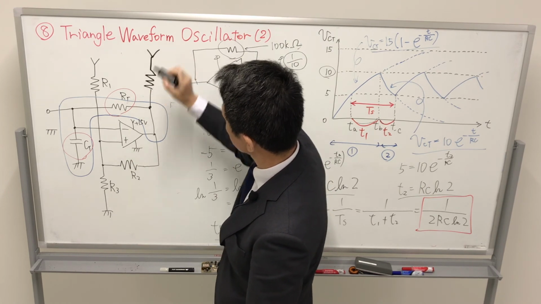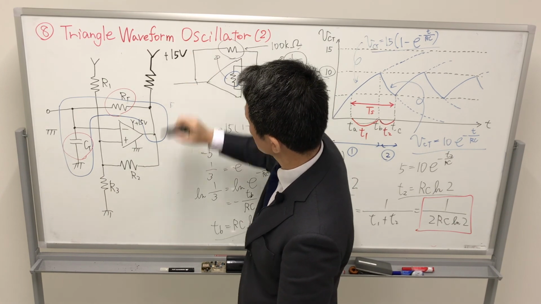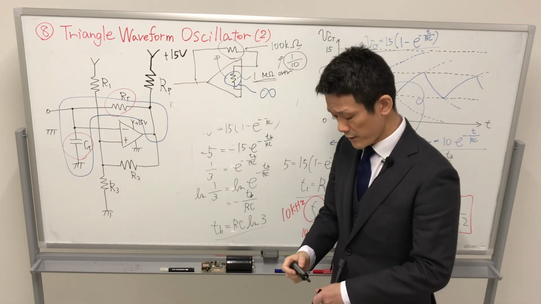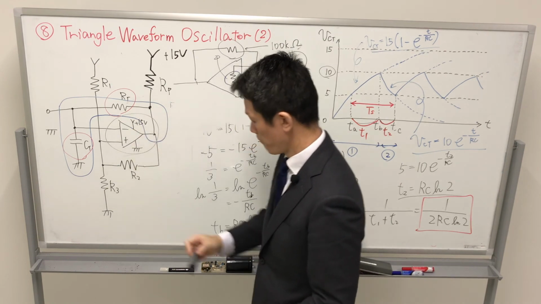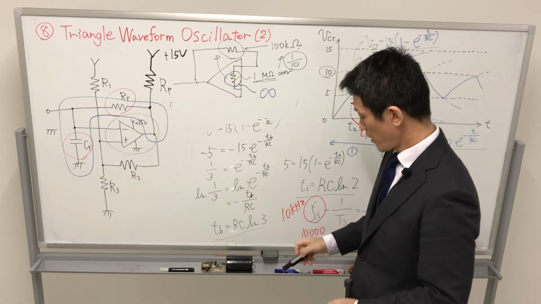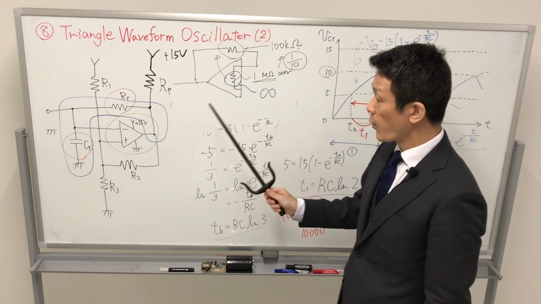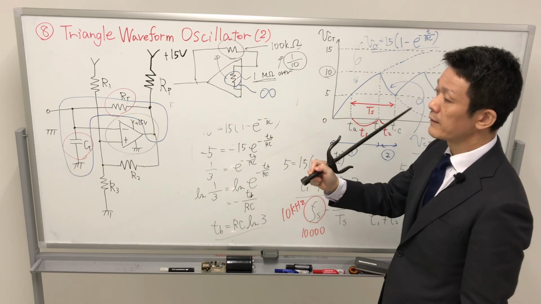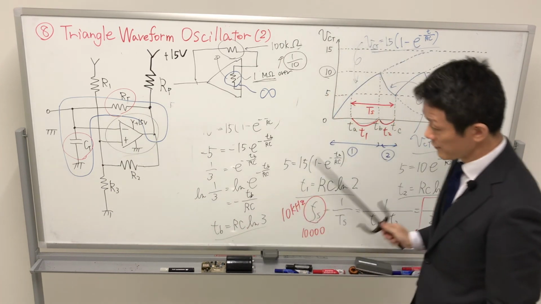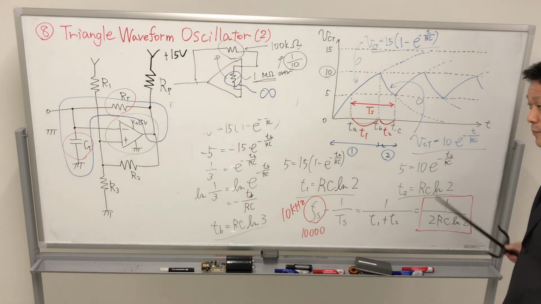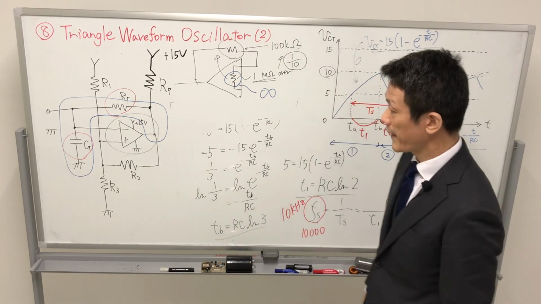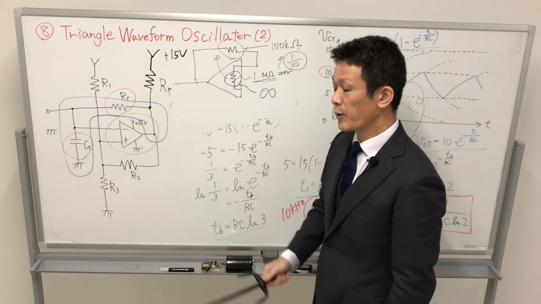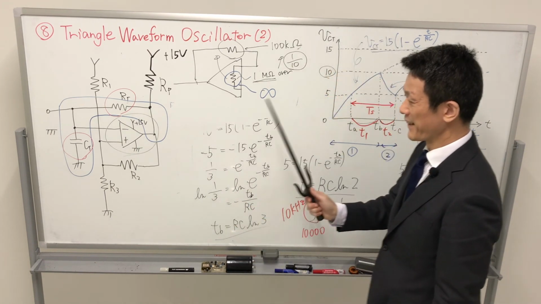In the real one, we require a pull-up resistance for operating this comparator. Please consider why we require this pull-up resistance, and write your report. I have already mentioned the answer, so please consider this additional report. It is to protect the comparator. This is the answer, but please consider it.